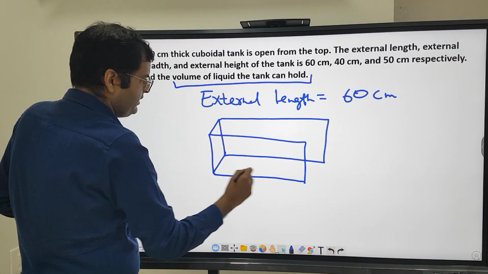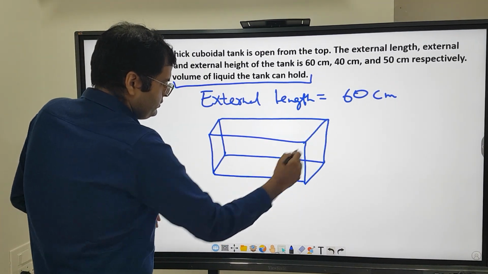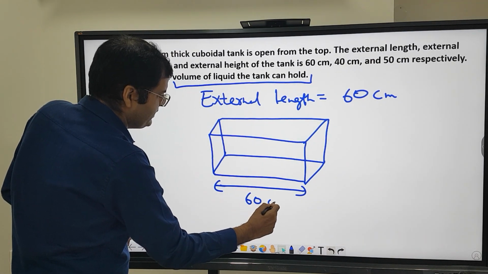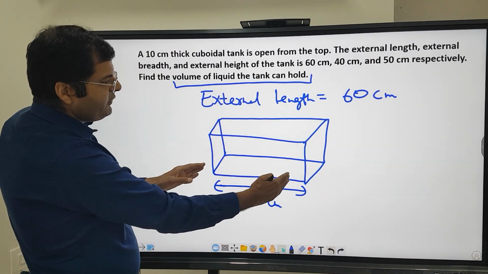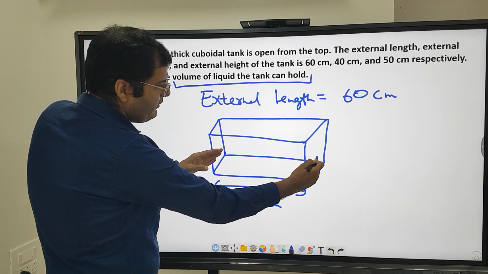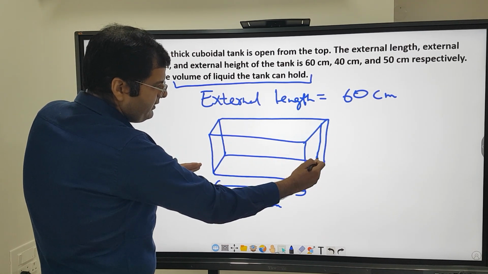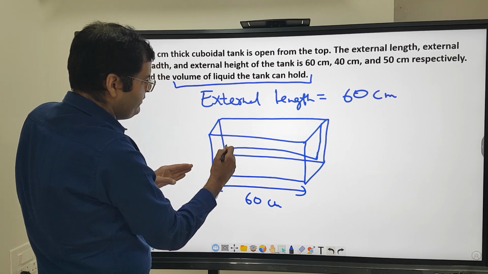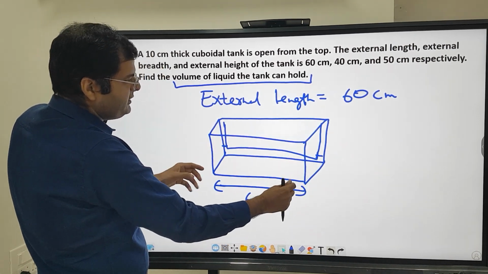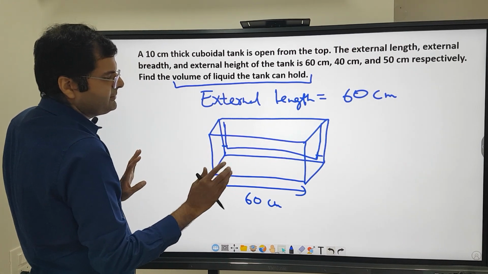Let this be the external part of the tank. This external length is 60 centimeter. There is some thickness here and also some thickness here. So the internal length will be the external length minus the thickness on both the sides.